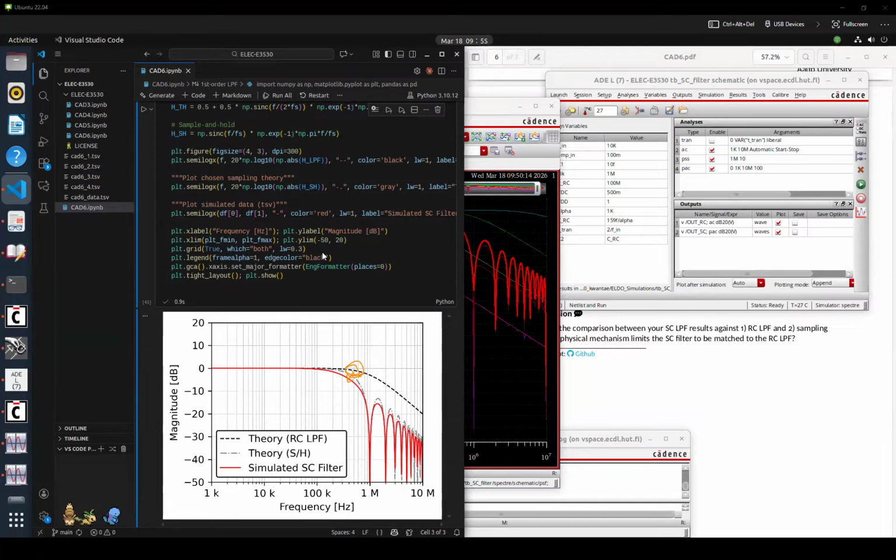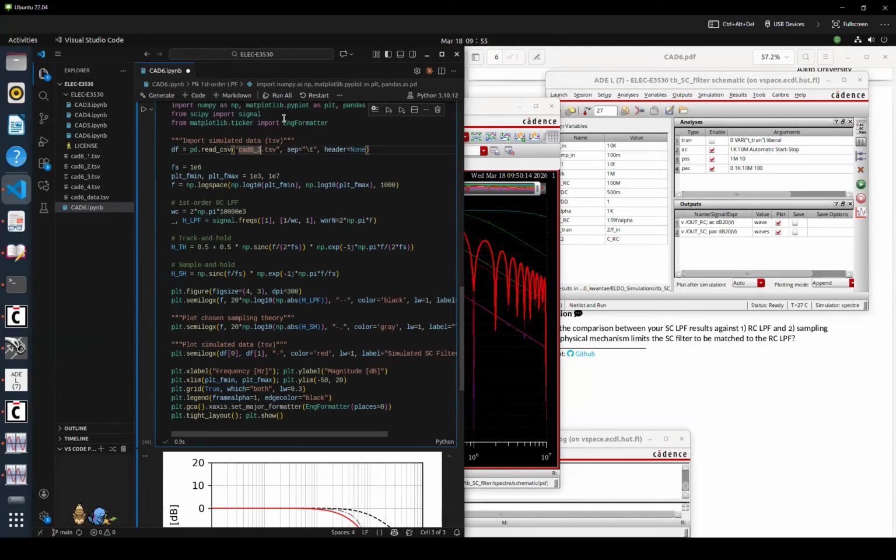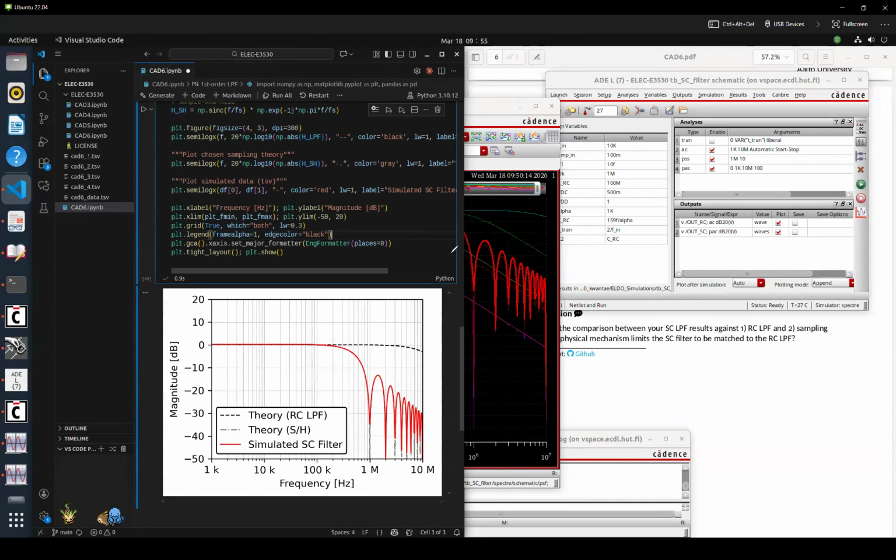And if we increase the cutoff frequency even higher, then you can see that the theoretical low pass filter cutoff frequency is here, but until this frequency, there is almost no attenuation. Then it follows quite well to the theory for the sample and hold. This was expected, right, for the CAD6. And I believe all of you answered. It was quite straightforward in terms of this way.